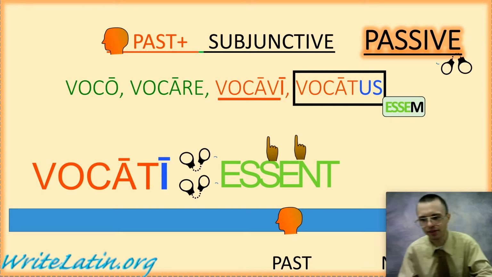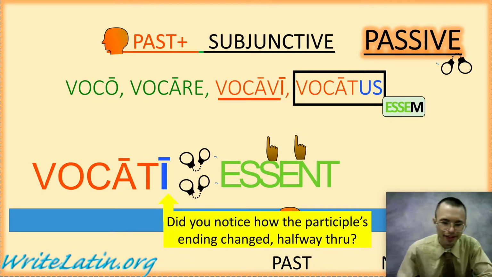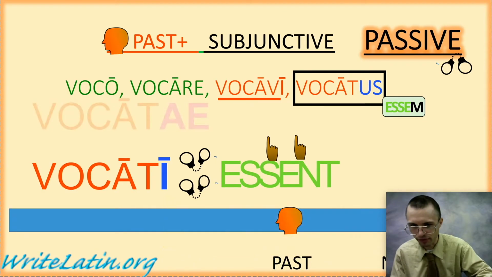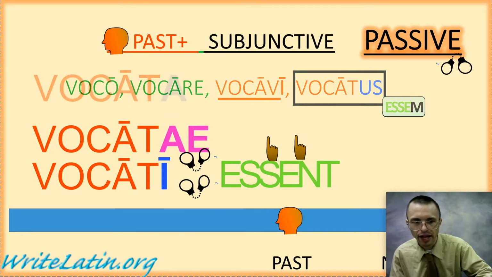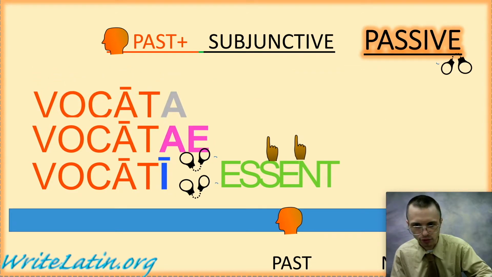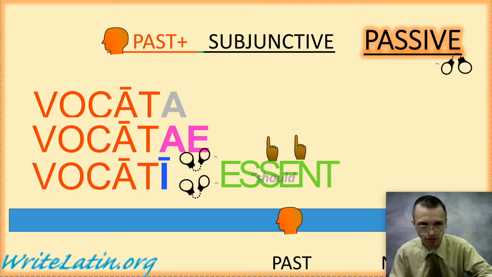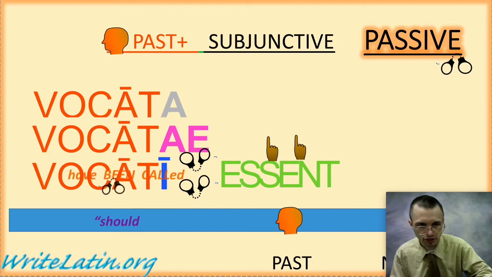They might have been called. Okay, let's ham it up. And hopefully you noticed that changed halfway through when we switched into plurals. And to include the other genders, you could have those too, but they're always nominative, never dative, accusative, ablative, or genitive. And that gives us the translation should have been called.